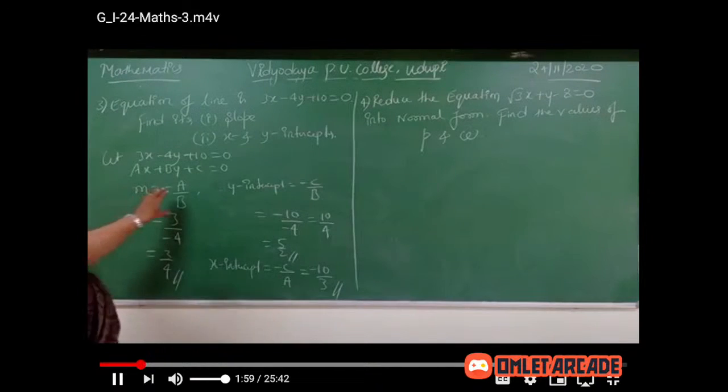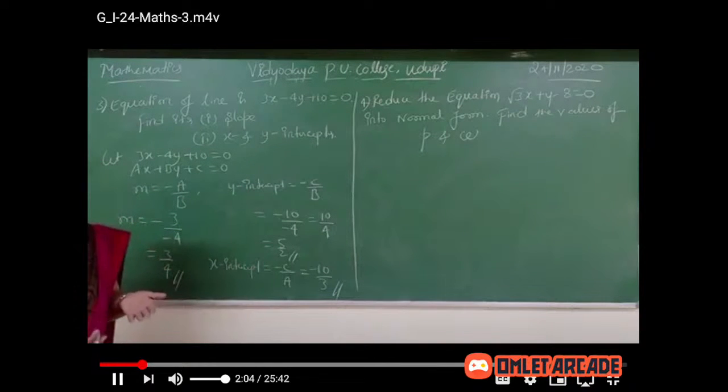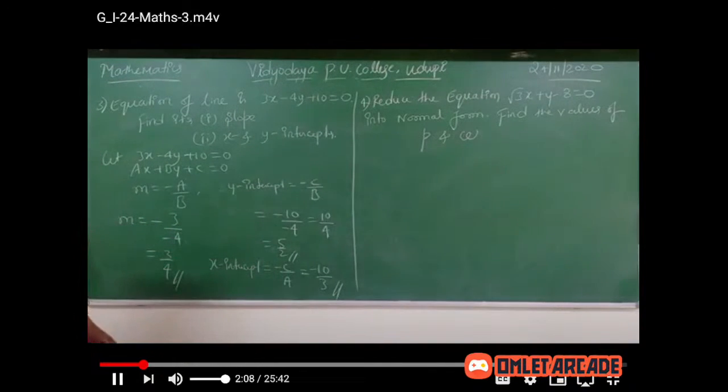Here I used formulas to find slope, x-intercept and y-intercept. The other method is to convert the equation into y is equal to mx plus c form, or x by a plus y by b is equal to 1 form, and extract the m, a, b values. That is another method. I have done both methods, so choose whichever you find easy. We'll see the fourth question now.